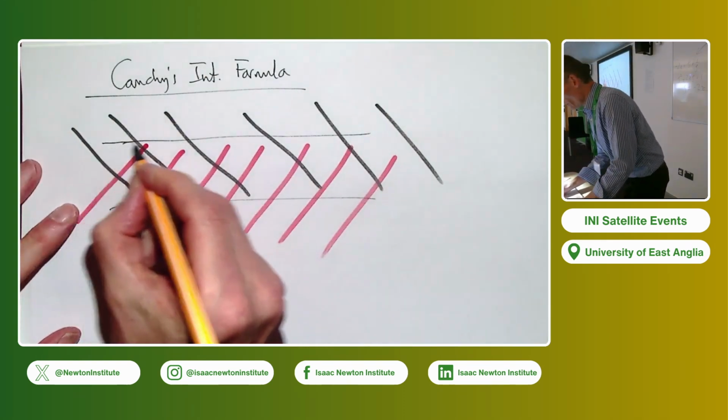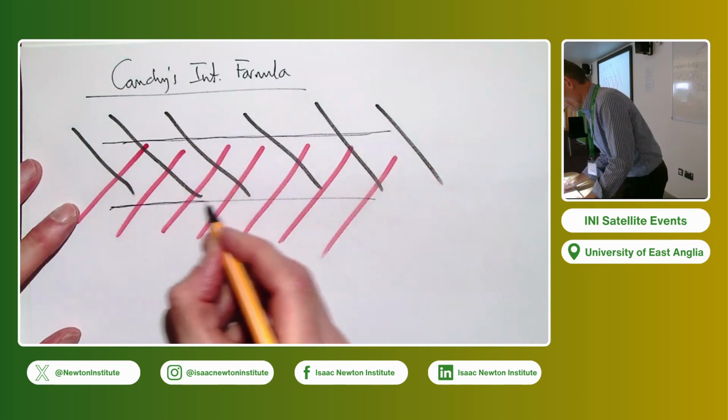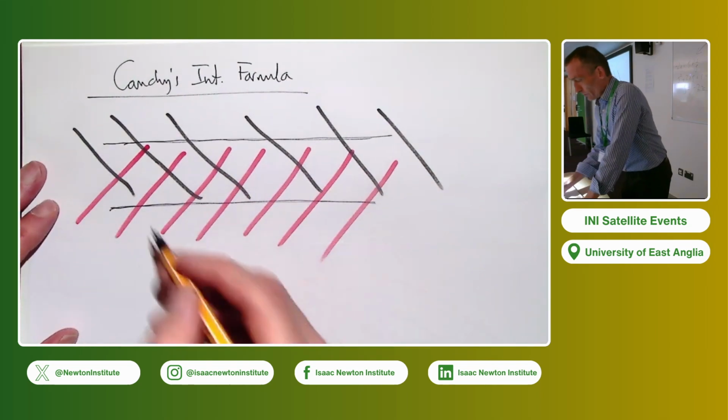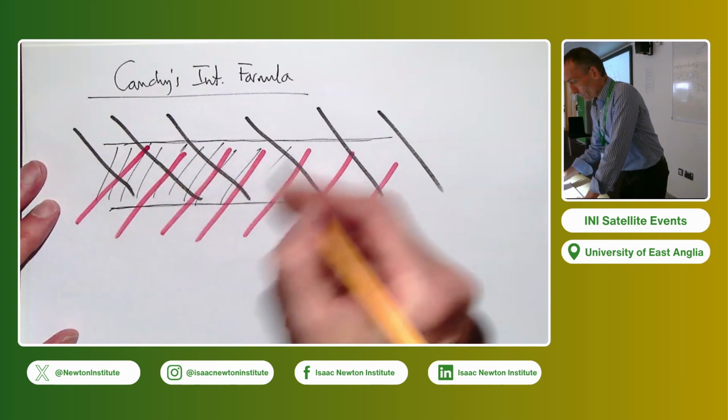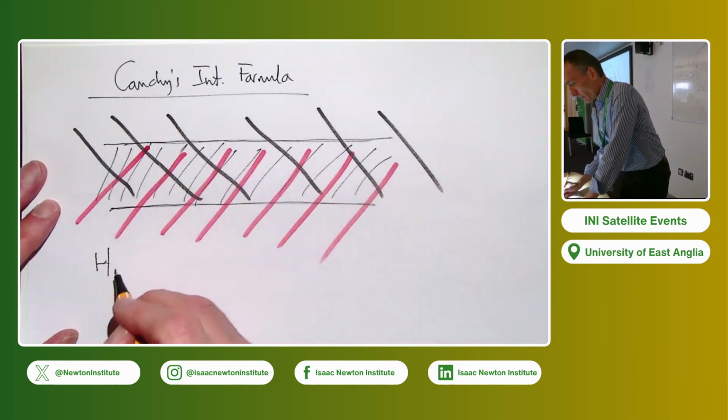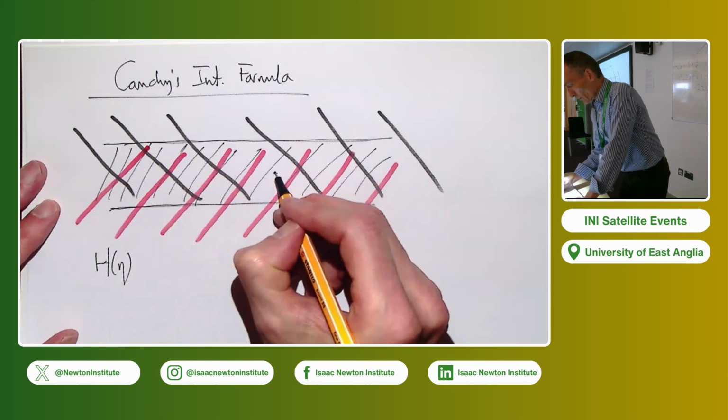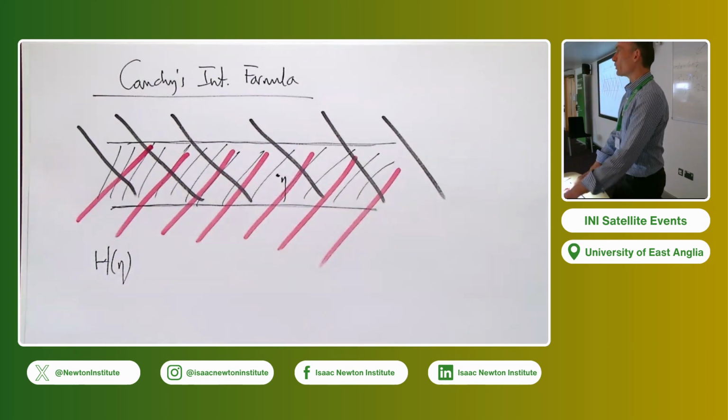Here's my strip, and that's what I'm interested in. There's my point eta in the strip.